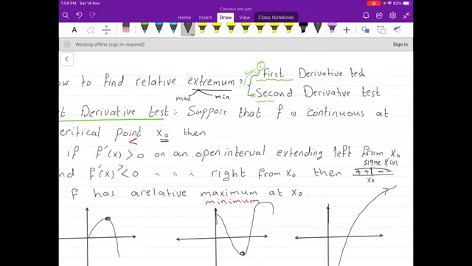لكن متى حيكون للفانكشن local minimum؟ حيكون للفانكشن local minimum العكس. إذا كانت هي x naught كان عن يسارها f prime negative positive, so the function decreasing then increasing سوف تكون local minimum.